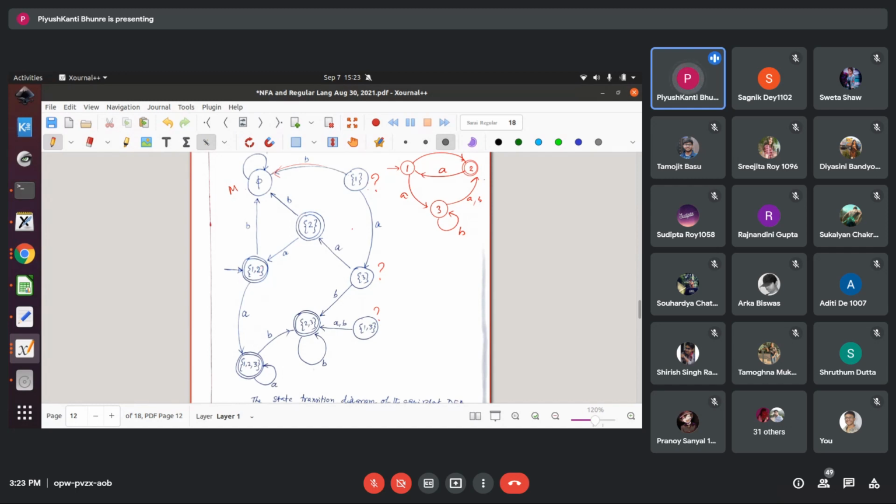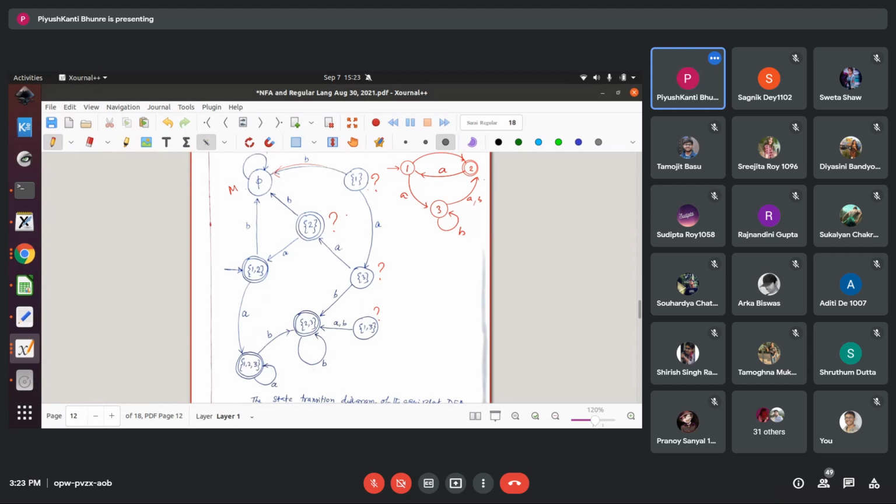Can you reach here 1, or reach 3, or reach 1 3, or here? First of all, there is no incoming edge to state 1, so you cannot reach state 1. So that's why we can remove it. That means there is no input string that could take the finite automata to this particular state. So its computation will happen in the other state. Nothing will happen here. So this is redundant.